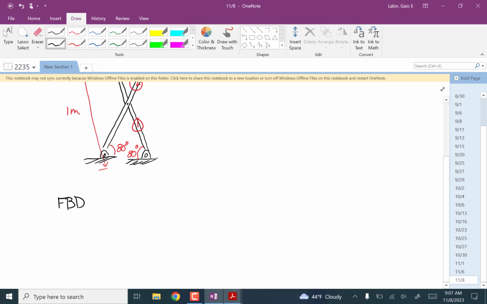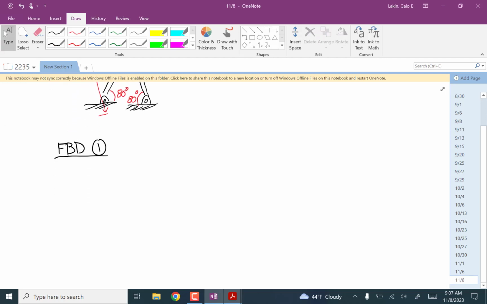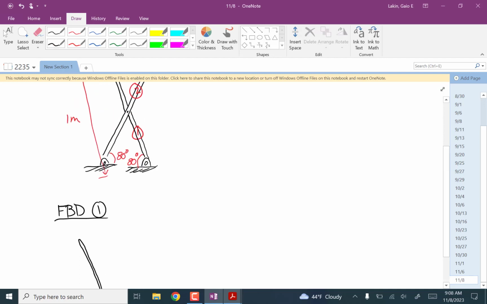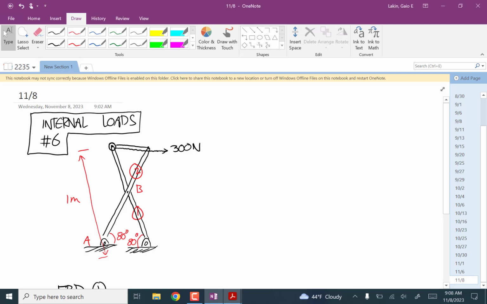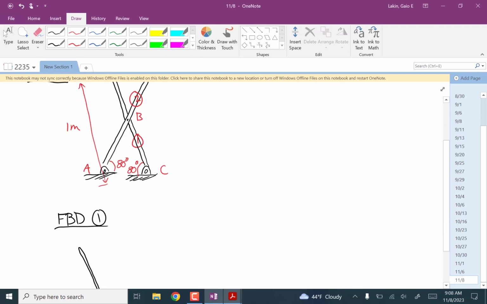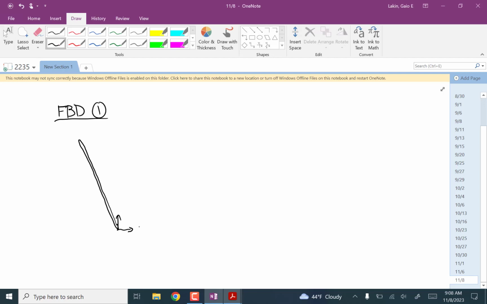So a free body diagram of body 1. We have the force, let's see, let's call this A, B, C. So down here we have the force RC.